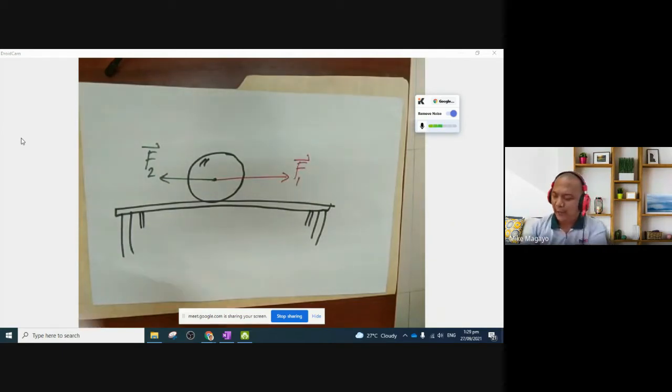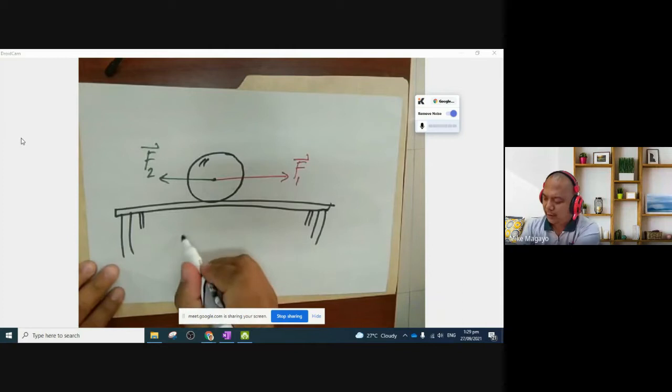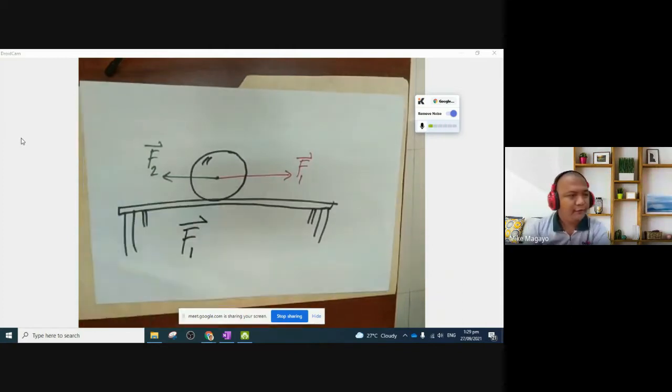If we are going to add F1, since we're dealing with vectors acting along the x-axis only, so it's a one-dimensional setup, let's consider the direction of F1 to be positive because it's pointing towards the positive x direction.